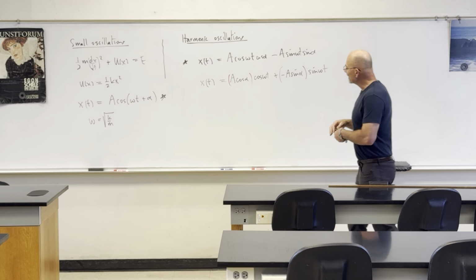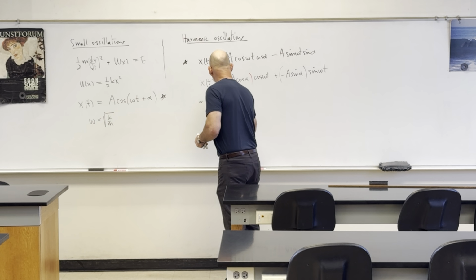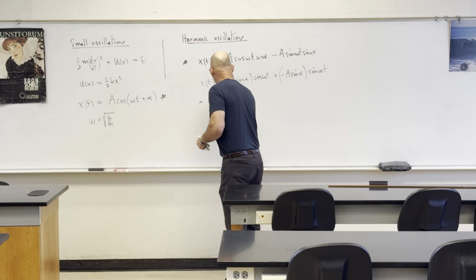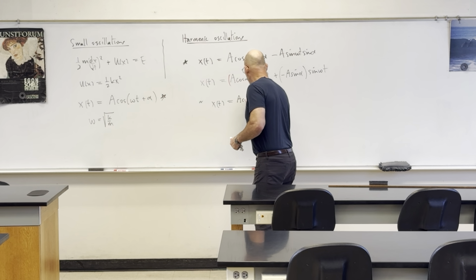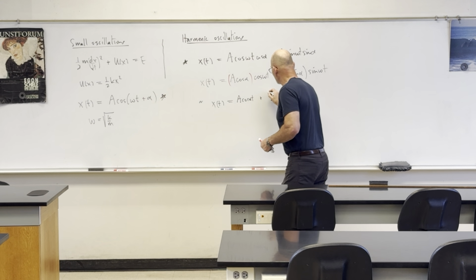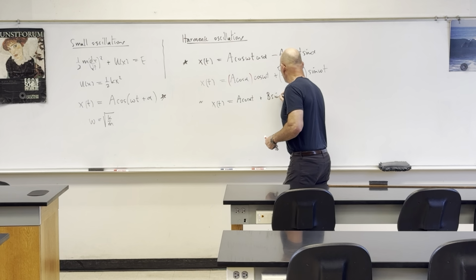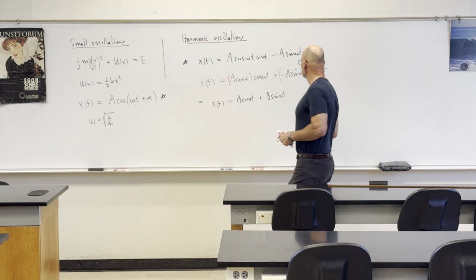Or you could use different letters and say, x of t, very generally speaking, is a cos omega t plus b sine omega t, with a different a.